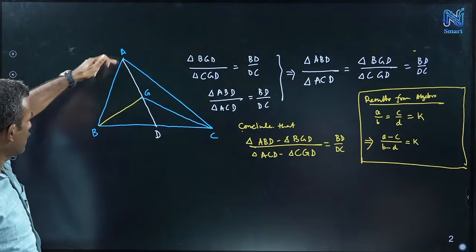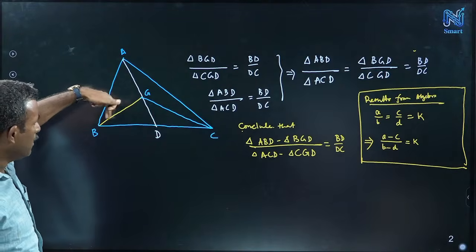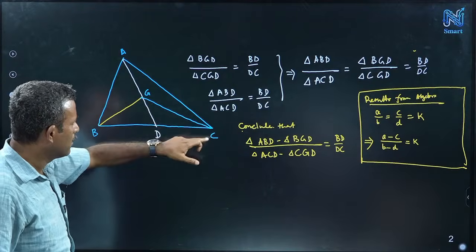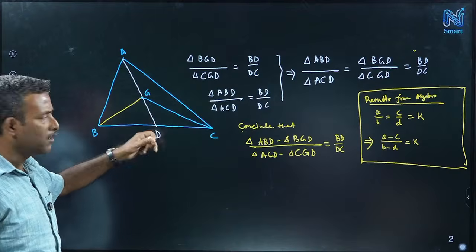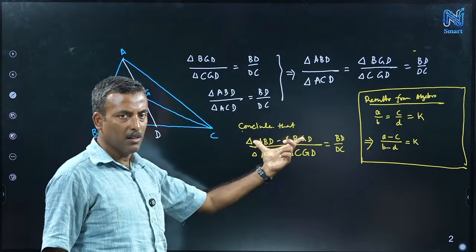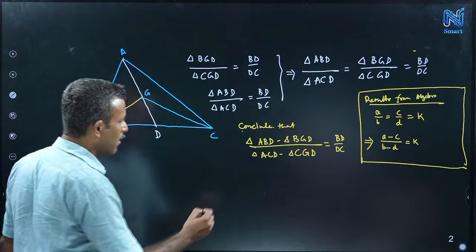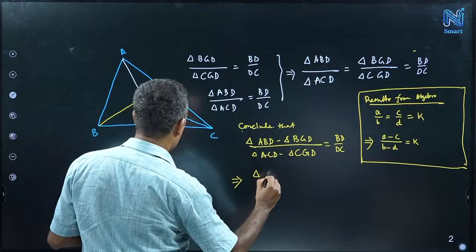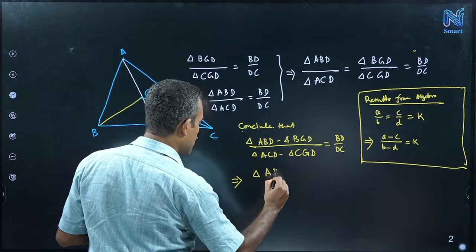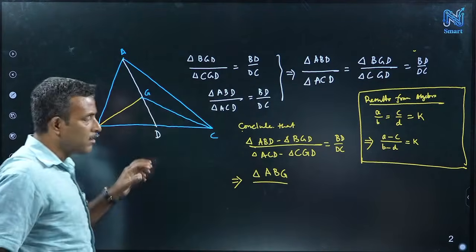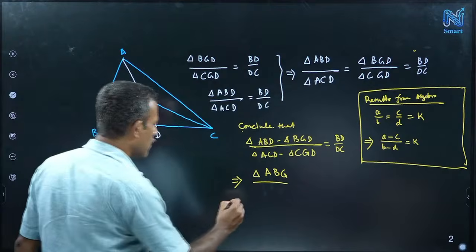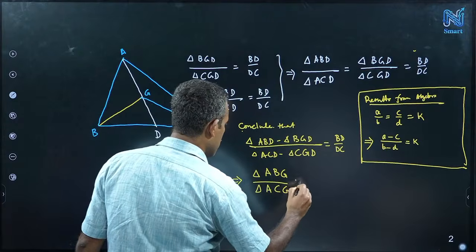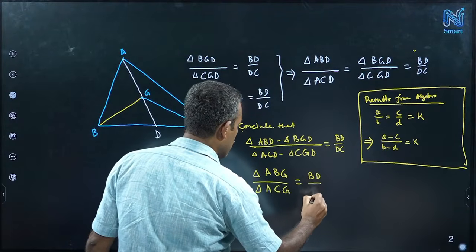Then what is this area? This is the area of ABG, this triangle minus this triangle, AGB, divided by the area ACG, same as BD by DC.